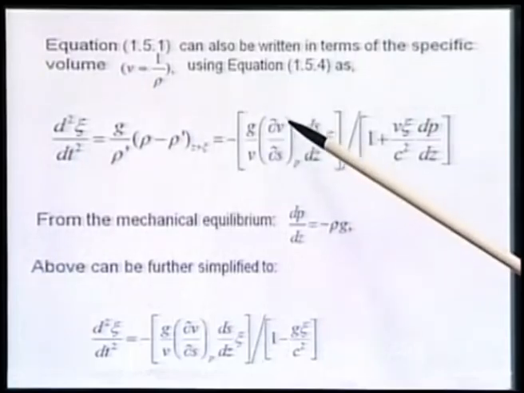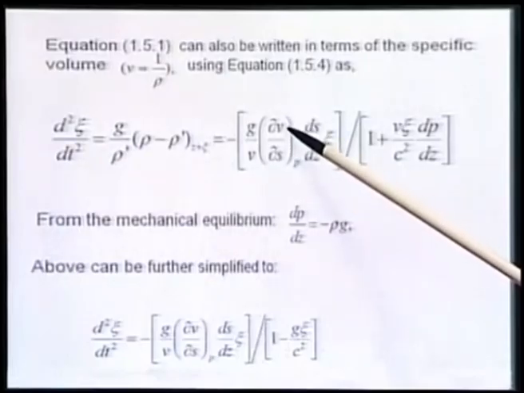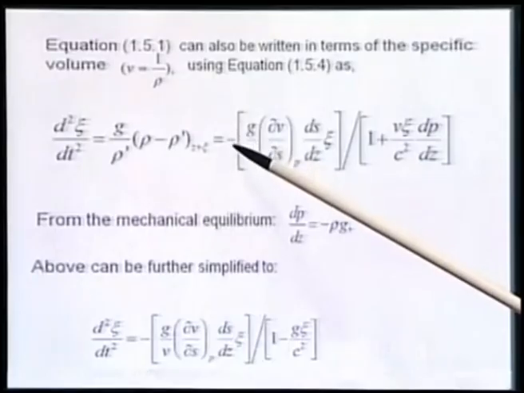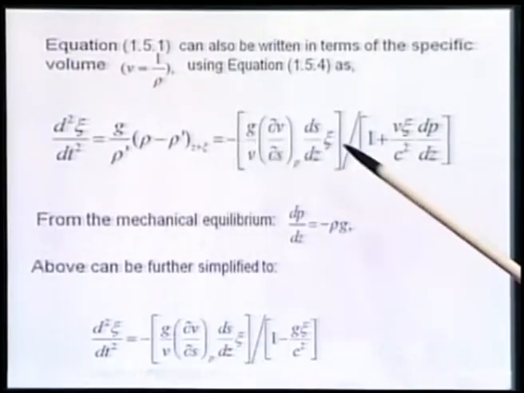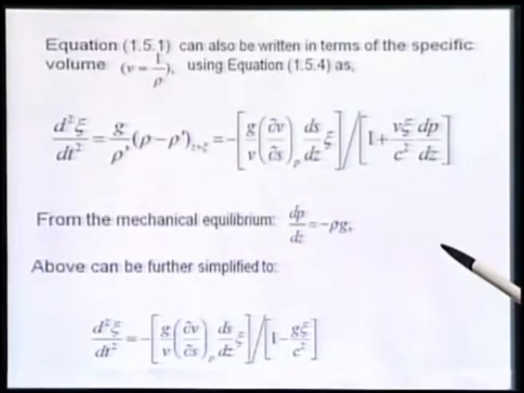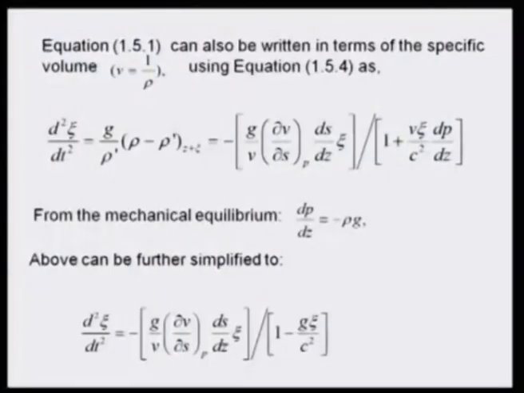So, ∂/∂s of 1 upon v is ∂v/∂s divided by 1 upon v², with a minus sign, right. And because we have divided both sides by ρ, that is why we again get g by. Okay. So, this is what we get.